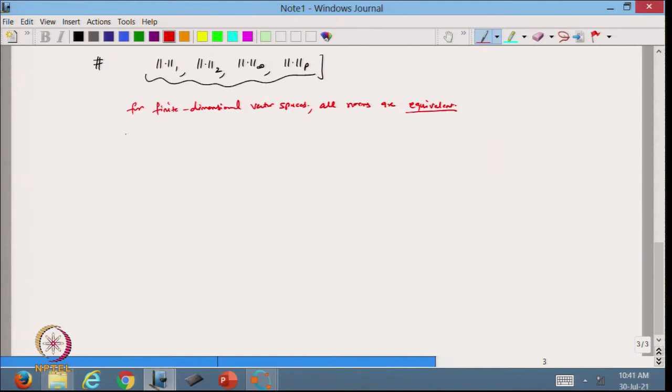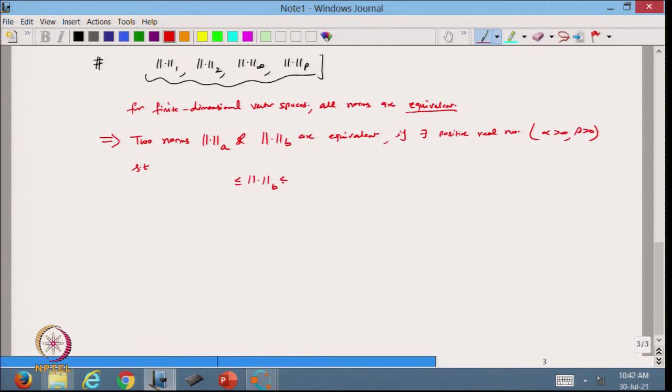So what is the definition of this? Now, from here I can define that two norms, suppose I take A and B, two norms, are equivalent if there exist positive real numbers, suppose I take alpha greater than 0 and beta greater than 0, such that the B norm can be written as being between alpha times the A norm and beta times the A norm.